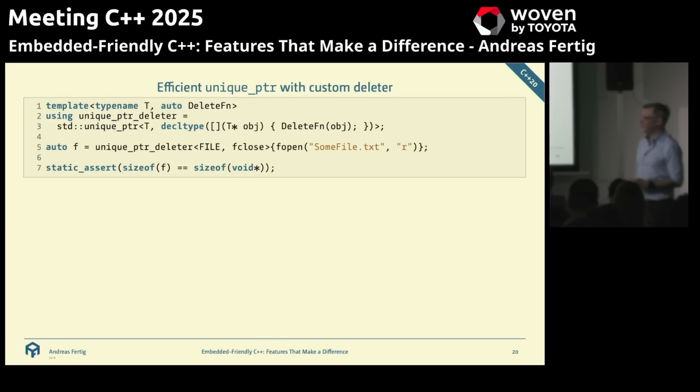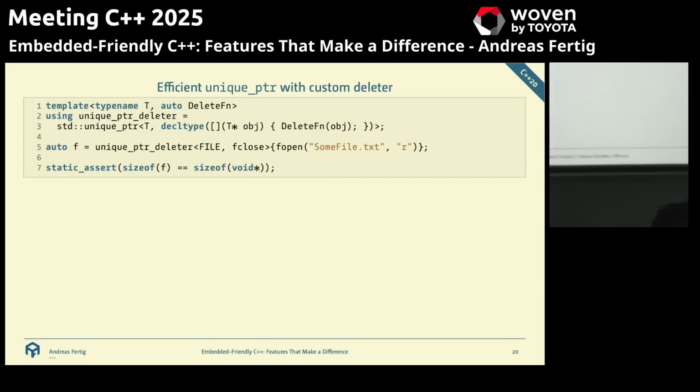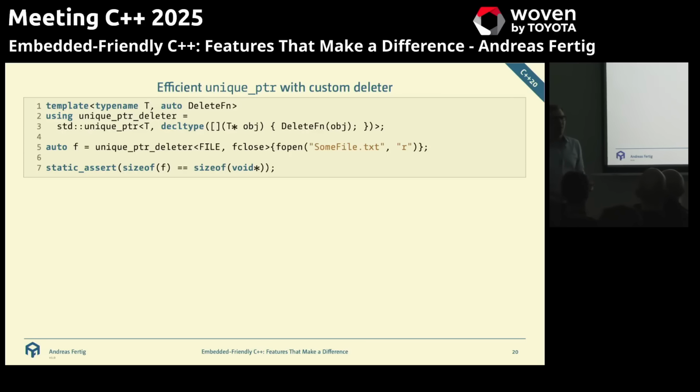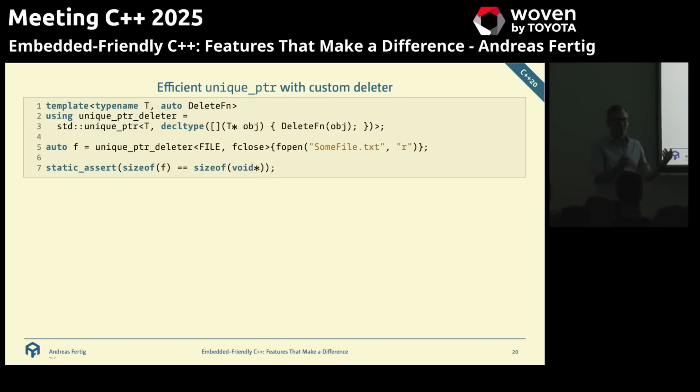What can we do? We can use C++20, and you can write it differently, right? This is a very generic version that you could deploy in your library in your company. So I use a templatized using alias here. I call that one unique_ptr_deleter. It takes a typename T and the C++17 auto non-type template parameter.